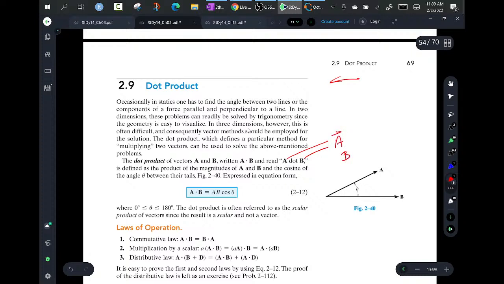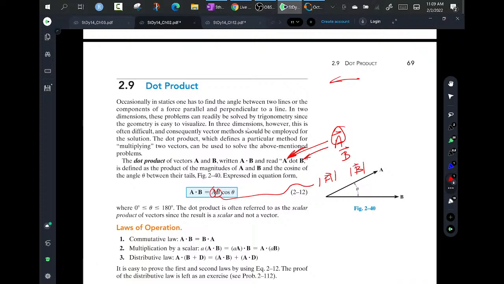Most books indicate a vector with an arrow on top. He wants to make them dark. And the A and the B here, which are not bold, are actually the length of the vector. So he's not really following the, I don't want to say correct and incorrect, mathematical procedures.